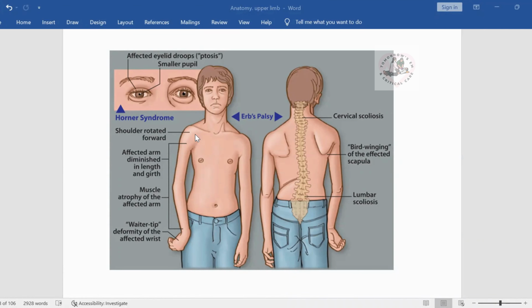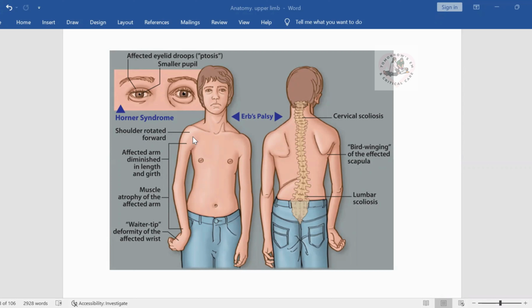So this guy will be quite unable to abduct his hand, isn't it? The other affected nerve will be the musculocutaneous nerve, which supplies biceps brachii, brachialis and coracobrachialis. So three muscles are involved in this palsy. Number one is deltoid, supplied by axillary nerve. The other two muscles, biceps, brachialis and coracobrachialis, are supplied by musculocutaneous nerve.